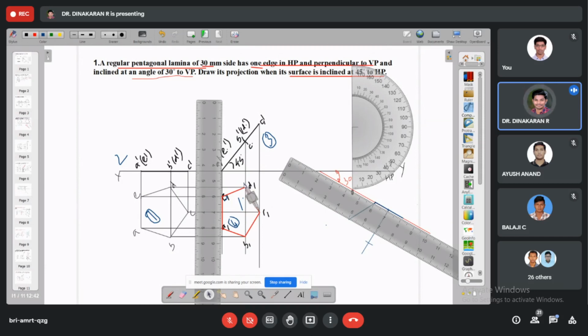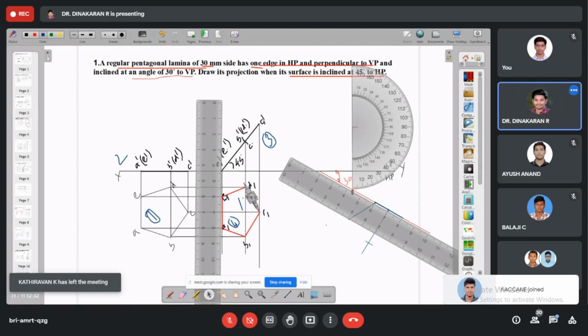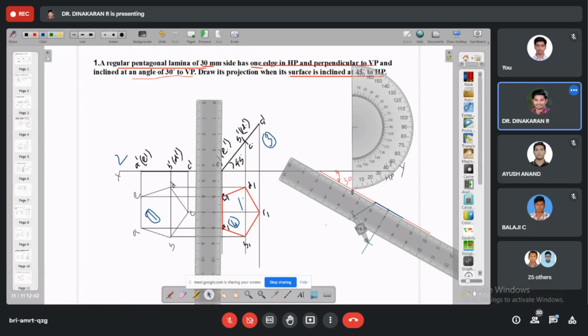For my case, the compass will not reach. For my case, the minimum is 2.2 only in this compass.